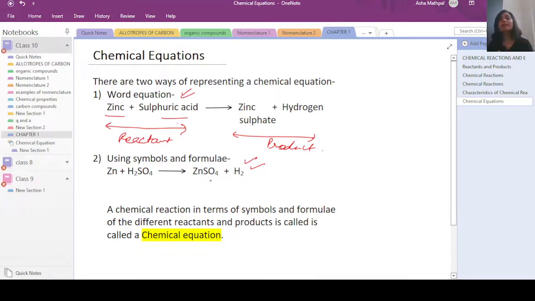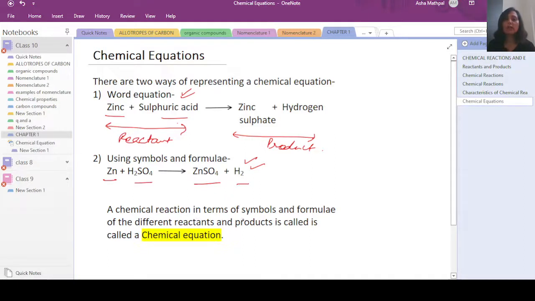When we write it using symbols or formulas, it becomes a chemical equation. Like here, zinc changes to its symbol Zn, sulfuric acid becomes H2SO4, and the products are ZnSO4 plus hydrogen. So when we write the chemical reaction in symbols or formulas, it is called a chemical equation.